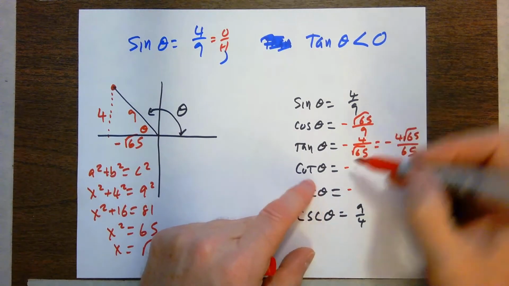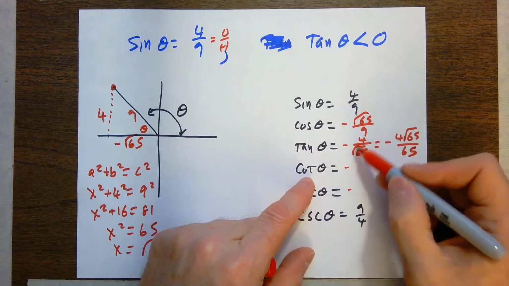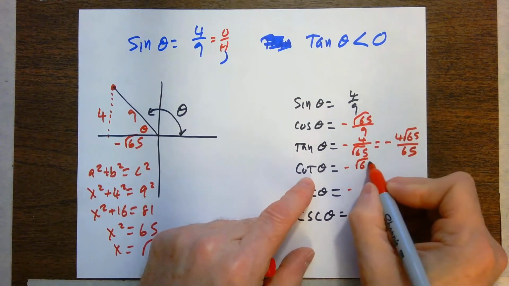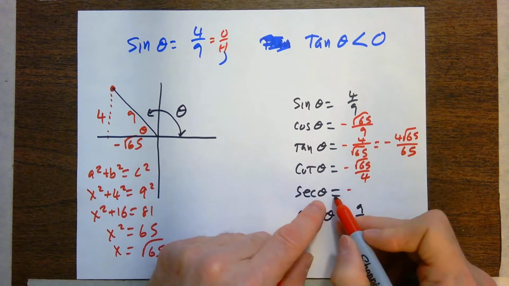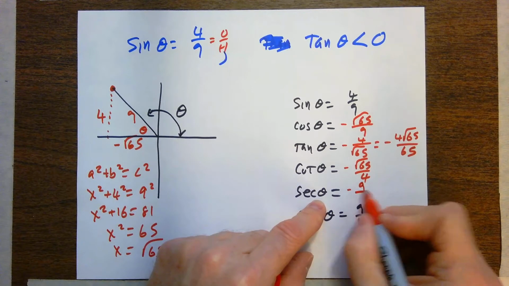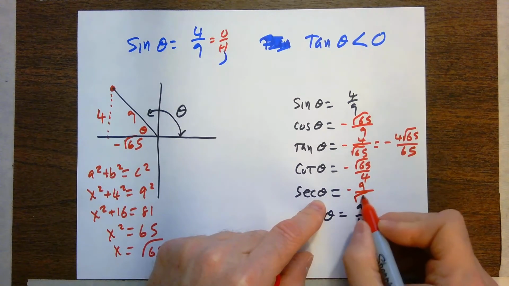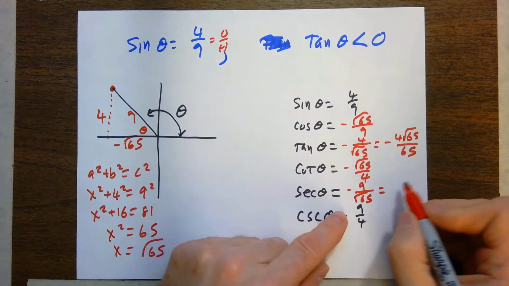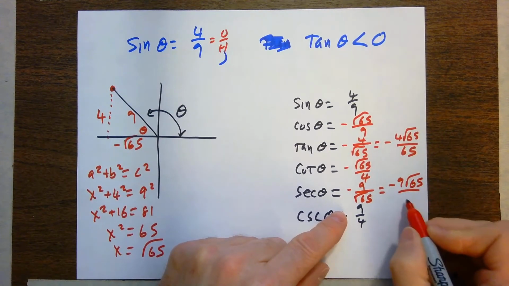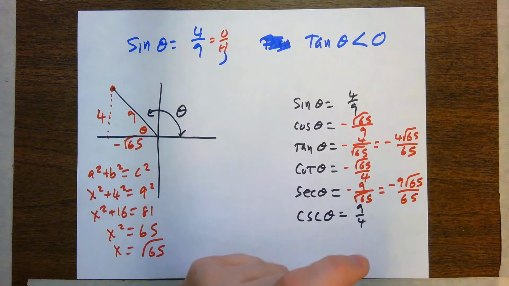Now that I know these, cotangent, I'm just going to take the reciprocal of that: negative root 65 over 4. Secant, I'm just going to take the reciprocal of cosine, which is 9 over the negative square root of 65. Rationalize the denominator: negative 9 root 65 over 65.